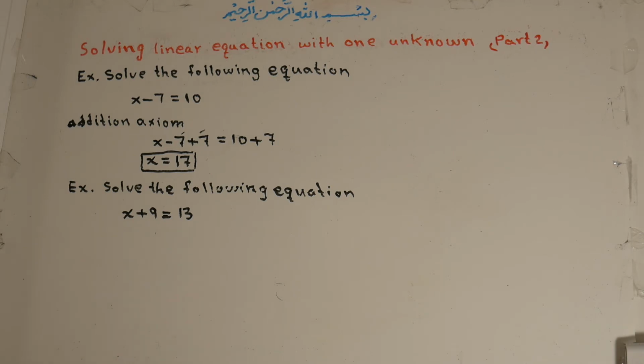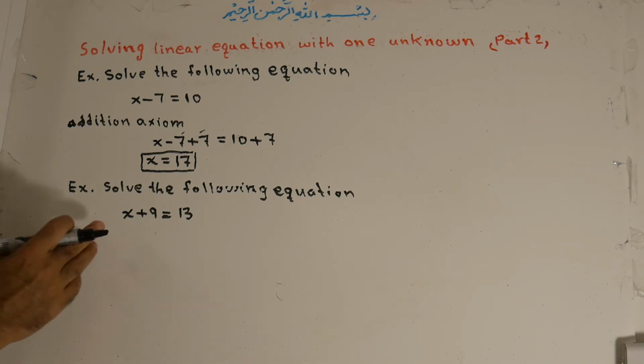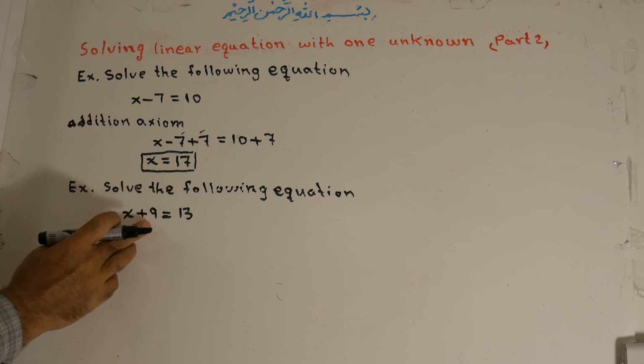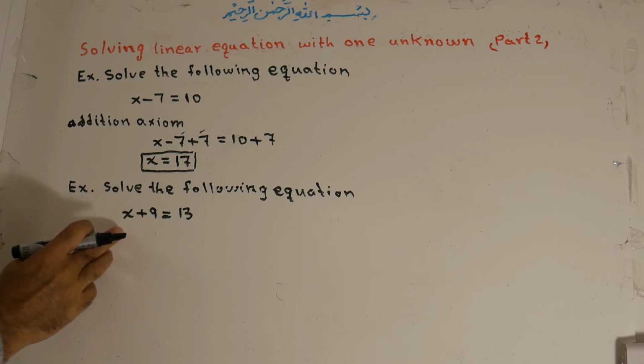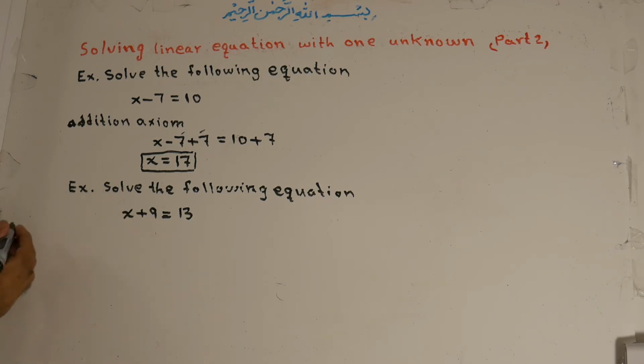Now here beside the x is positive 9, and we should put a number that is the opposite of the positive 9, that is negative 9, to remove this from beside the x. Now we use the subtraction axiom.